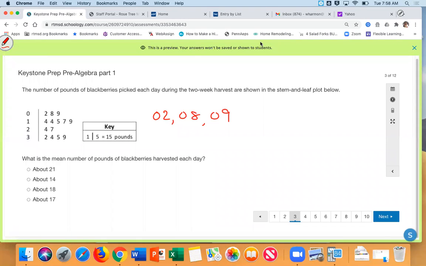So these are just 2, 8, 9. But you're really going to see it in that second row. That's going to be 14, 14, 15, 17, and 19. Do you guys see where I got them from? That's the basis of a stem and leaf plot.